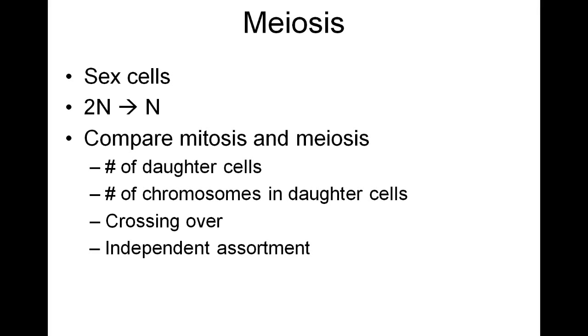In meiosis, you also have two things that allow for genetic diversity: crossing over and independent assortment. Crossing over is when some material is exchanged between the tetrads. Independent assortment means that when the chromosomes align at the middle of the cell in metaphase, it's random which direction they go.